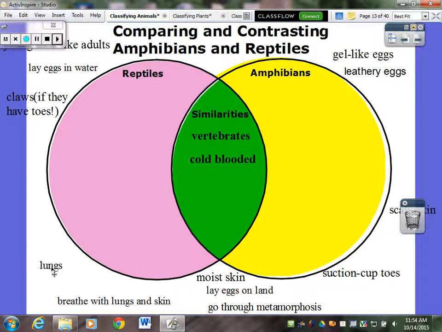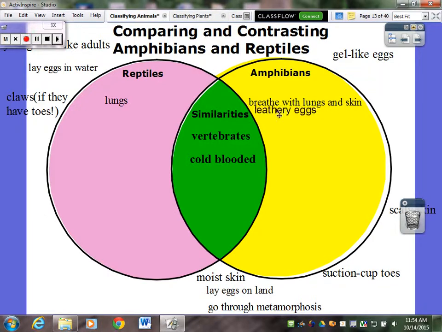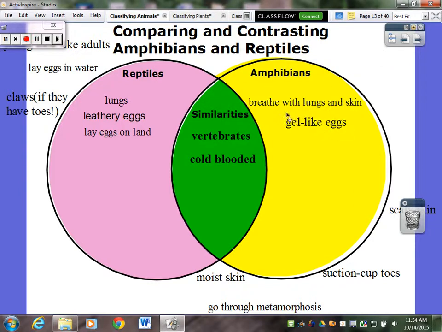How they are a little bit different: reptiles breathe with lungs, and amphibians breathe with their lungs and sometimes through their skin. When reptiles lay eggs, they lay leathery eggs, and they lay their eggs on land, whereas amphibians have gel-like eggs, and they lay their eggs in water.